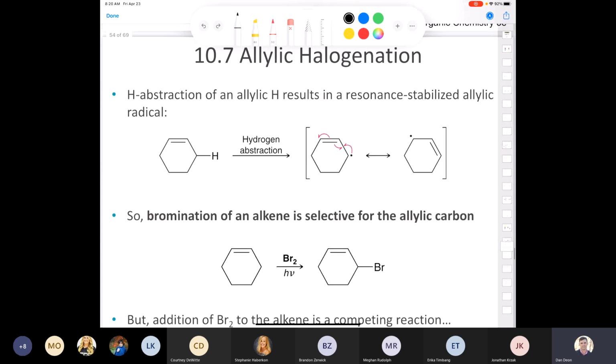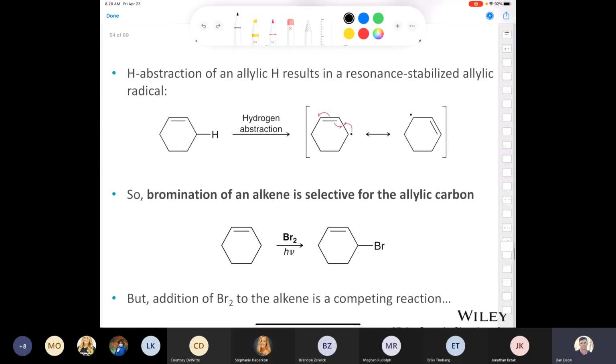It says here, when you abstract that allylic hydrogen, you get that resonance stabilized allylic radical. No big surprise there. So if we brominate an alkene, and again, if we take this molecule, cyclohexene, and we just treat it with bromine, we can get allylic bromination. However, the problem is that the addition of bromine to the alkene is a competing reaction.